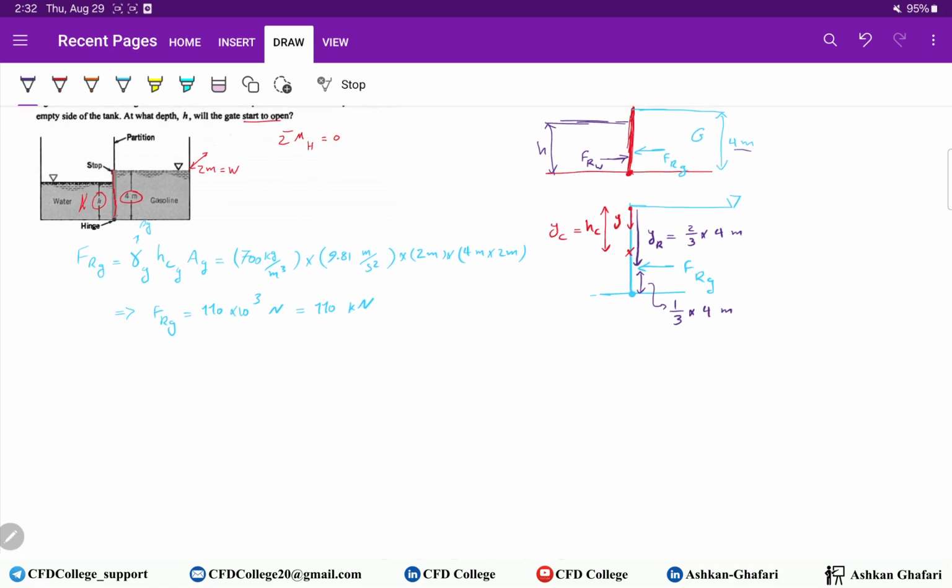Let's examine the left hand side, the water side.